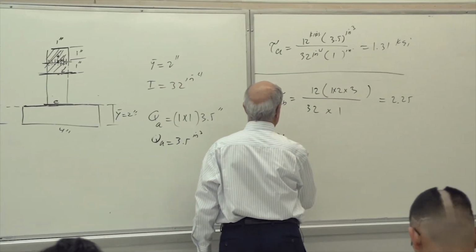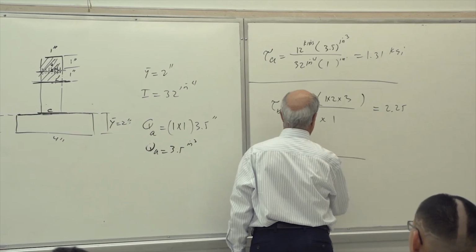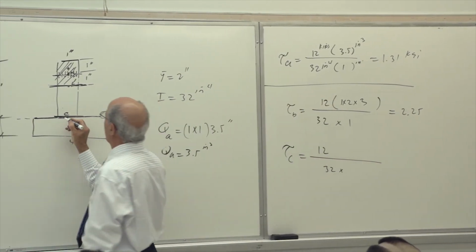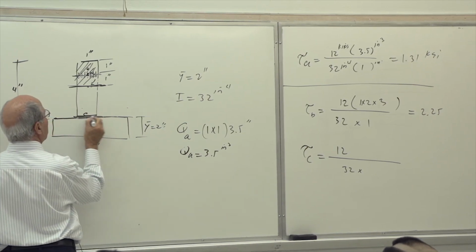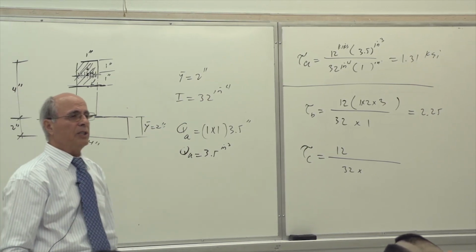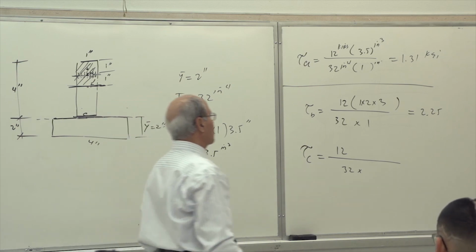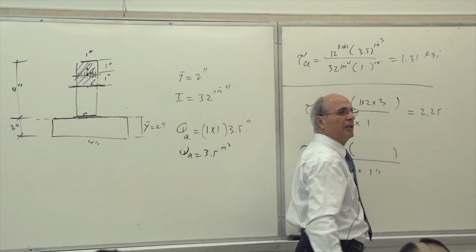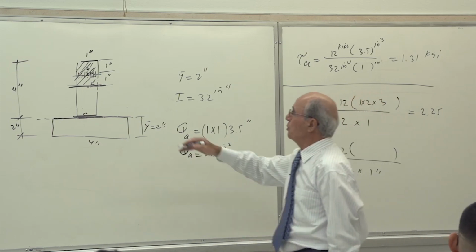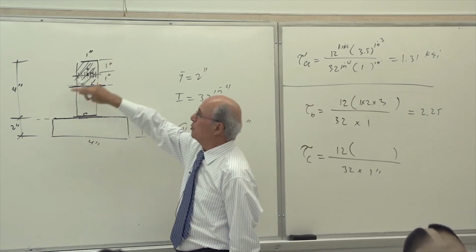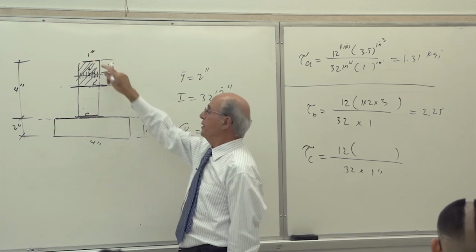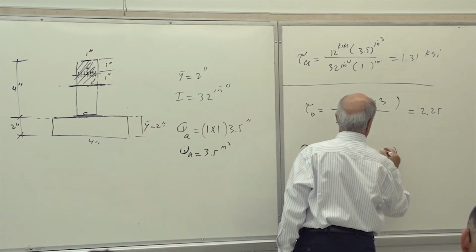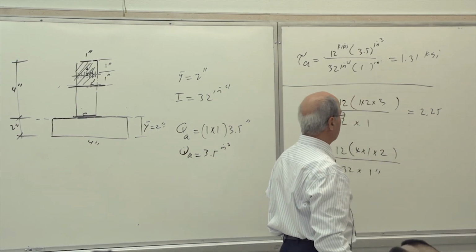The tau at C becomes equal to 12. Everything is the same, 32. Here, you will look at this line I drew. The thickness still is 1 inch. Yes or no? Correct. So times 1 inch. The only thing that changes is the value of Q, which will be the entire area, which is 4 times 1 times 2, which becomes 8 inch to the power of 3.